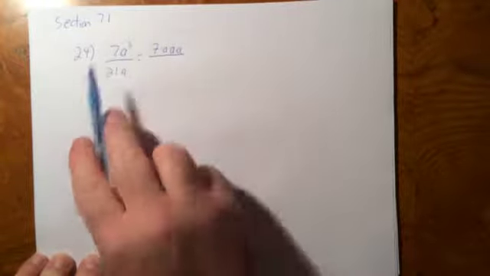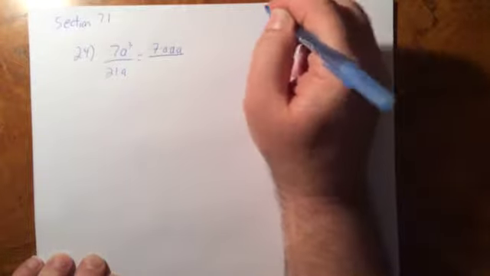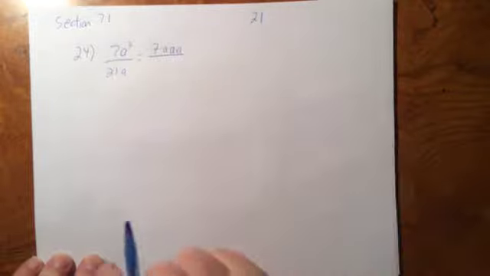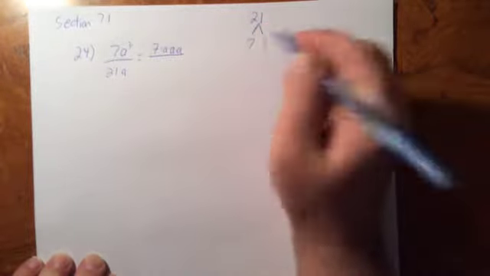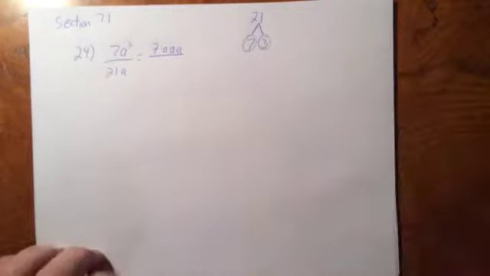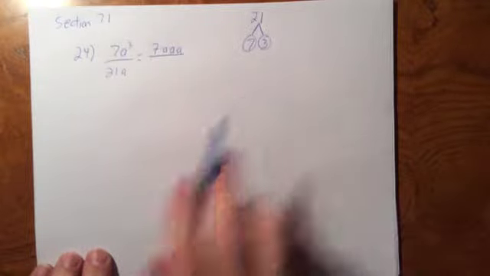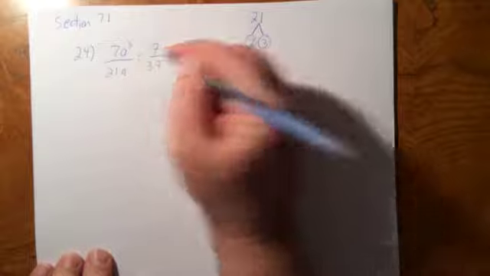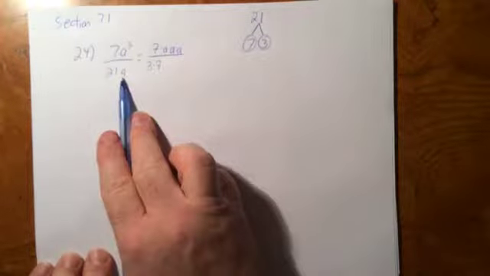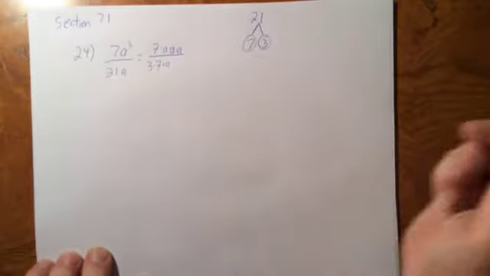For the denominator, I can rewrite 21 as a product of prime numbers. One strategy is to take 21 to the side and rewrite it as the product of 7 times 3. Because 7 and 3 are prime factors, I don't go any further with my factor tree. So in place of 21, I'll write 3 times 7. A, I can't factor any further, so I'll just leave that as a.